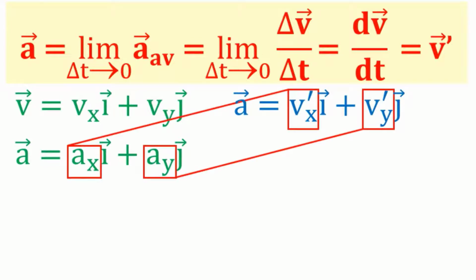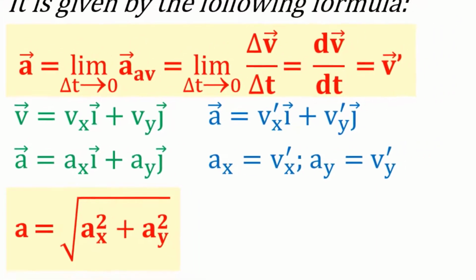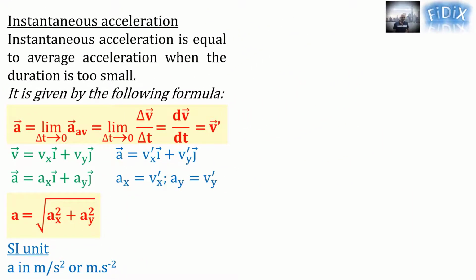By comparing the last two equations, we can get ax equals vx prime and ay equals vy prime. And as for any other vector, the magnitude of the instantaneous acceleration is given by the square root of the sum of its squared components and is expressed in meters per second squared in the International System of Units.